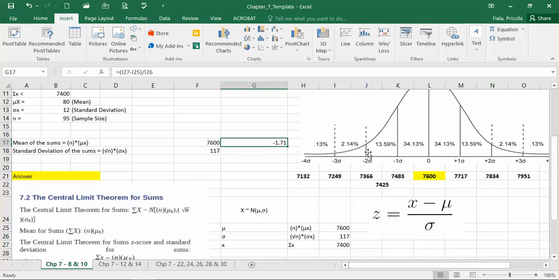So it's telling you that this value we're looking for, less than 7,400, is about right here, minus 1.71. And if you see, the middle between -1 and -2, the average of these two values, is 7,425, and it's supposed to be 7,400, so that's about right.